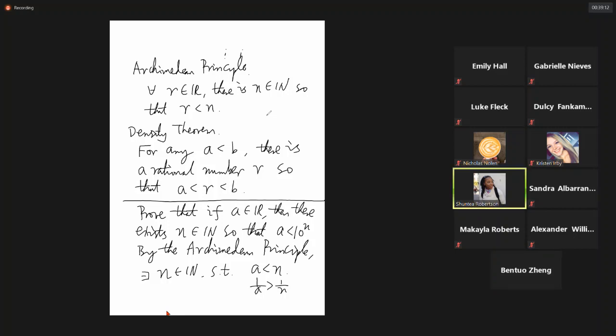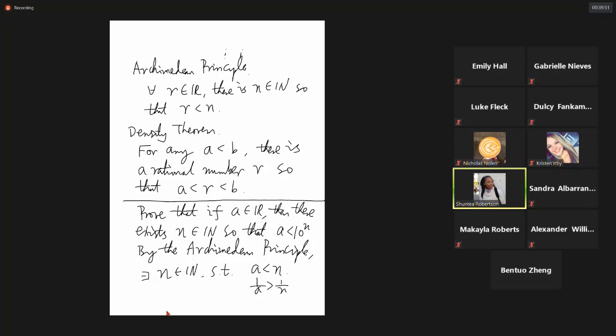Yeah, 1 over A is that. And then you'll take the N and make that greater than 1 over A, and then you take the reciprocals again.